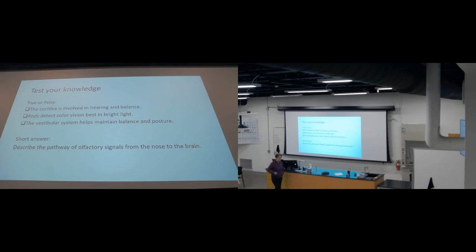Describe the pathway of olfactory signals from the nose to the brain. The olfactory nerve starts in the nasal cavity, in the roof, and basically extends axons that pass through what bone?